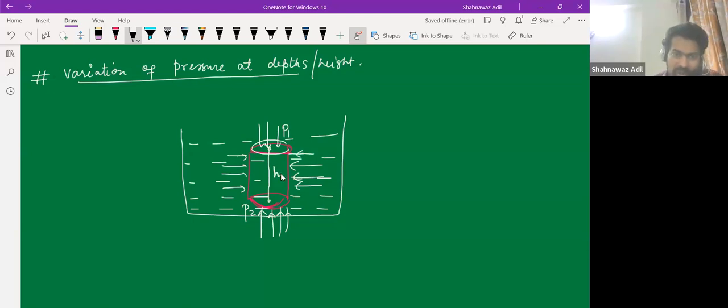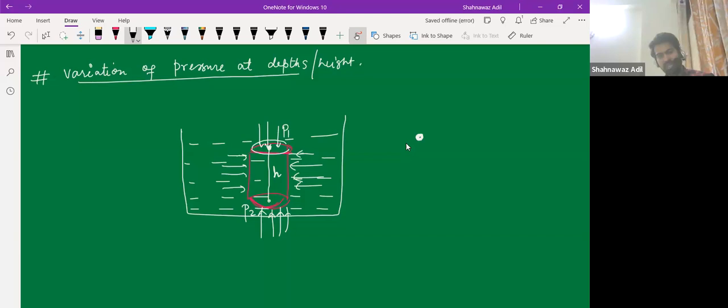Can you guys tell me, if this thing is at equilibrium, what is the meaning of equilibrium?